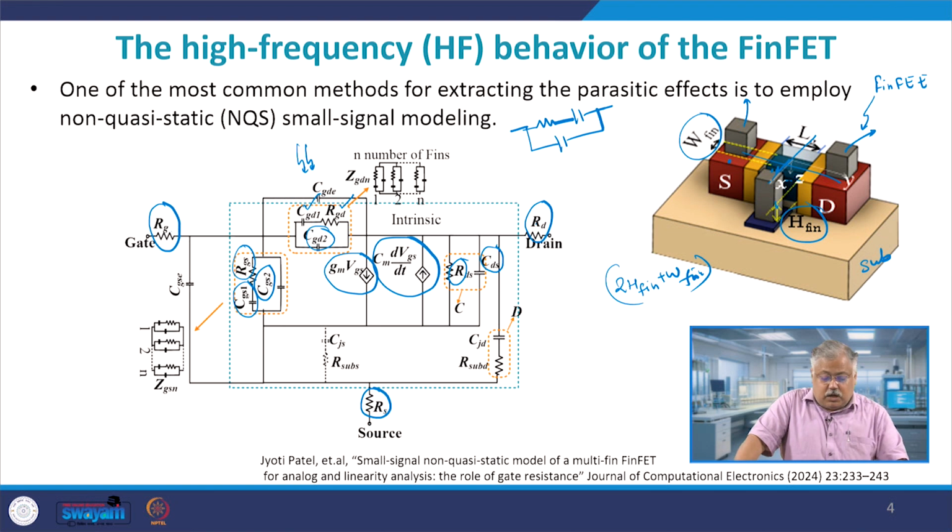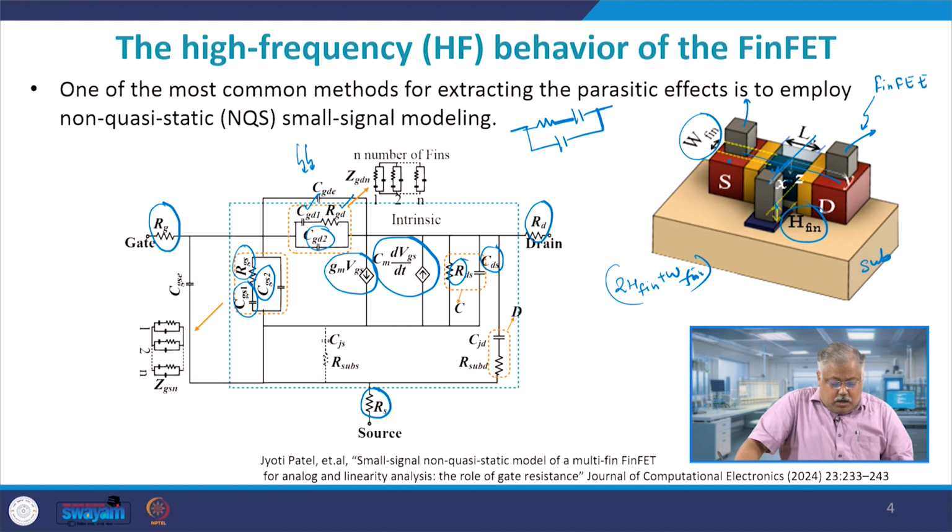Now we will see later on how the structural parameters depend mainly on the height of the fin as well as the thickness of the fin. This is very important. You should keep in mind that structural parameters of the FinFET do influence the capacitive elements of the device.